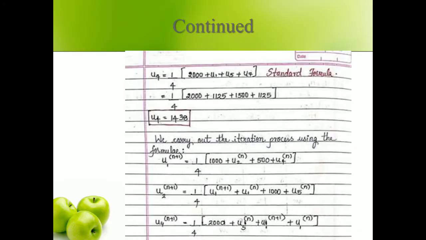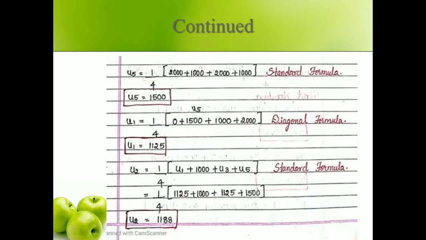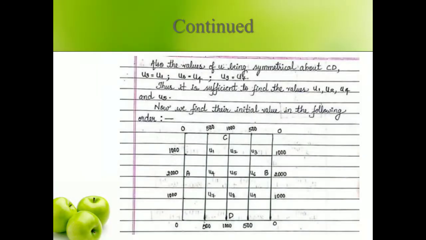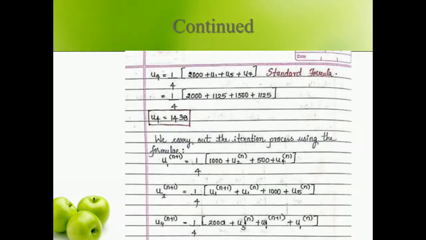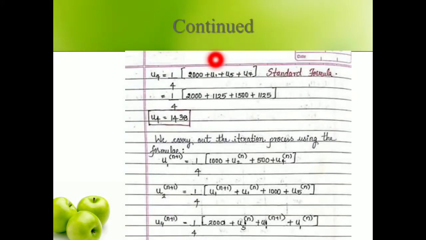Similarly u4 is again a standard element, so you can take u5, 2000, u1 and u7. u1 is equal to u7, so u1, u5, u7, so you will get u4.